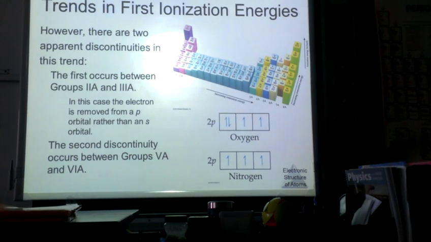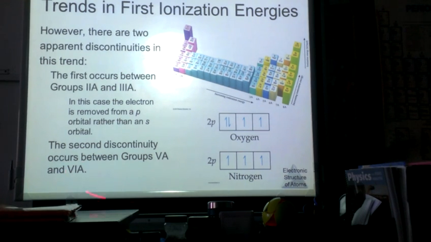The boron family would then just have 1 electron in the p orbital, which creates instability because it's all by itself, versus taking away an electron from a stable orbital, which is going to take a little bit more energy. So that's why the alkaline earth metals have a higher ionization energy than the boron family, because I'm taking away an electron from something that's stable, versus the boron family, which doesn't really care if it loses that 1 from the p orbital, okay?